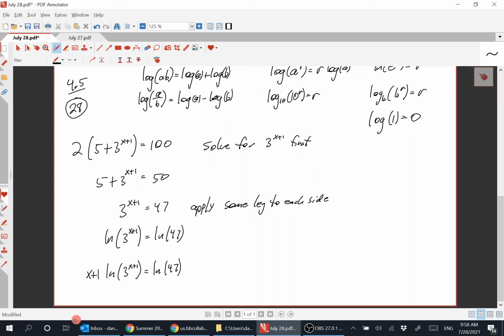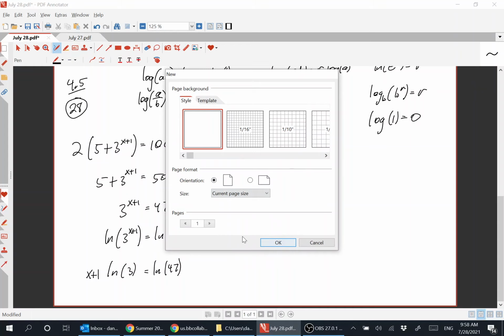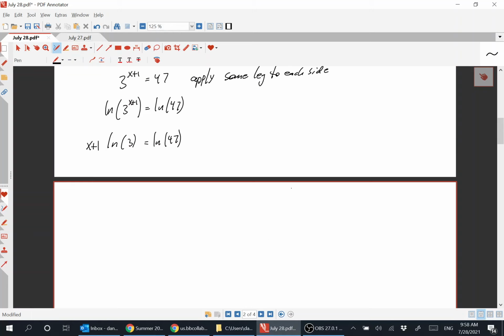X plus 1 times natural log of 3, sorry. People wrote something like that. You need the parentheses there because you have to multiply the log by the entire exponent. So if the entire exponent has more than one term in it, you have to put parentheses there, because this is the 1 times natural log of 3. I know some folks see the parentheses in their mind's eye and just don't write them, but it's better to write them because it led some people to make mistakes.